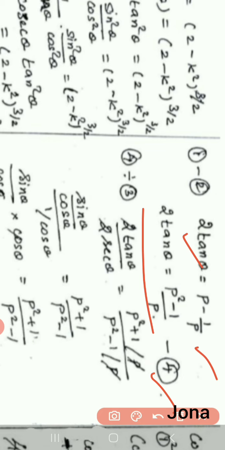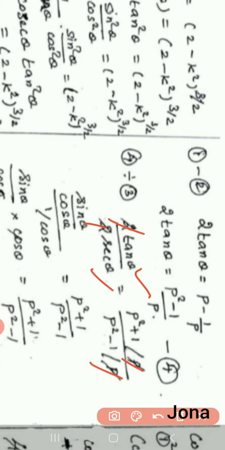If you divide the fourth equation by the third equation, you have 2 tan theta by 2 secant theta equal to p square minus 1 by p divided by p square plus 1 by p. Here 2 and 2 will get cancelled. Likewise on the right hand side also p and p will get cancelled. The remaining thing we have tan theta by secant theta. The tan theta can be written as sin theta by cos theta.